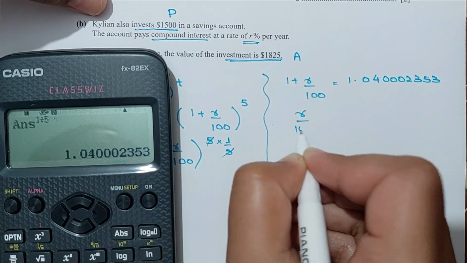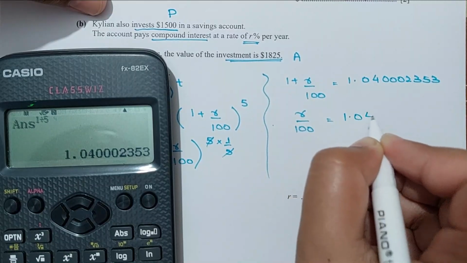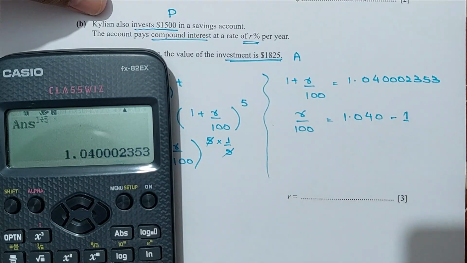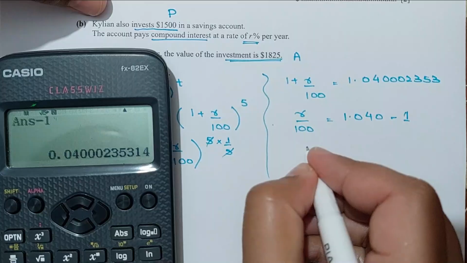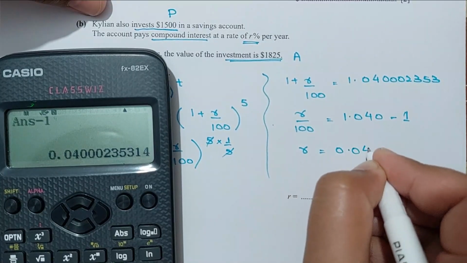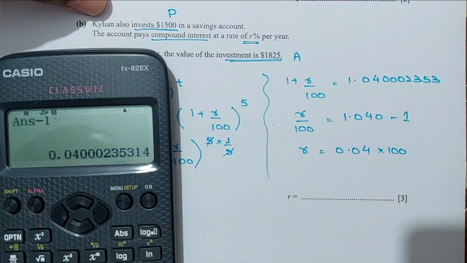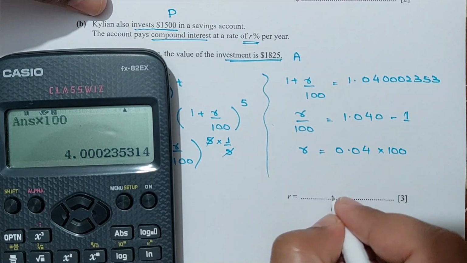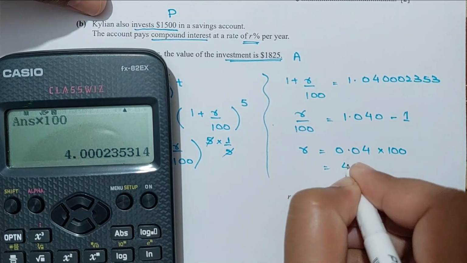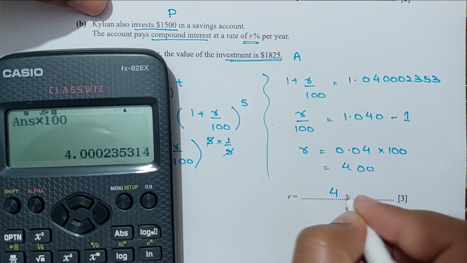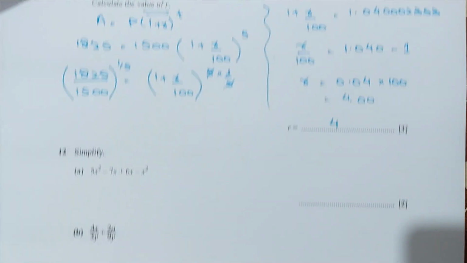So r over 100 is 1.040, subtract 1. So r would be 0.04 times 100, cross multiplied. This is 4%. R is 4, interest rate is 4.